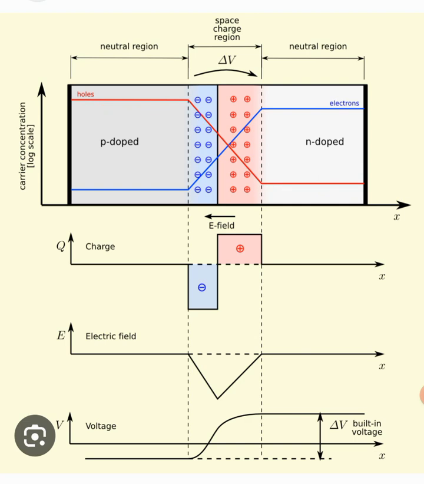Similarly, as shown in the blue line, there are plenty of electrons in the N type semiconductor and their concentration decreases in the depletion region as shown over here, and in the P type semiconductor the electron concentration is minimum, that is, they are the minority carriers.